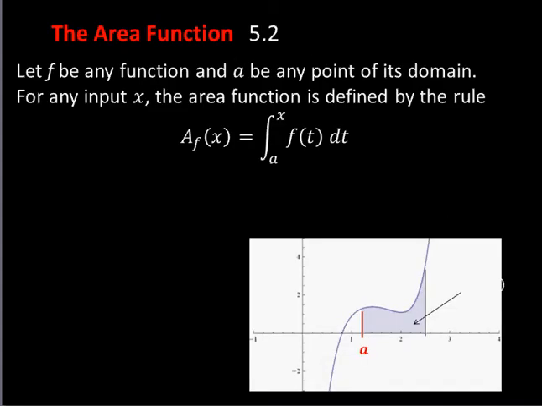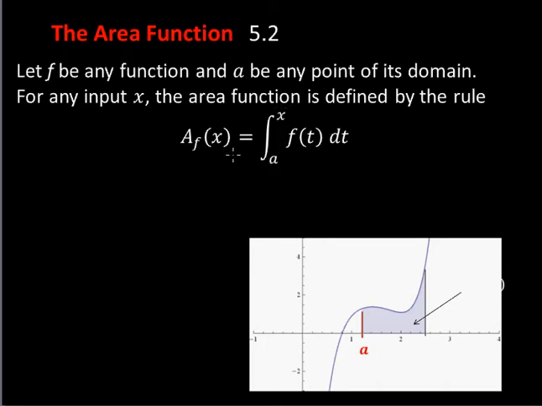So now we're going to study the area function. Capital A sub f of x will be a function that we determine based on little f, any function, and a point in its domain. So we're given a function little f, and we're given a point in its domain. For any input x, the area function is defined to be the signed area from a to x of f of t dt.